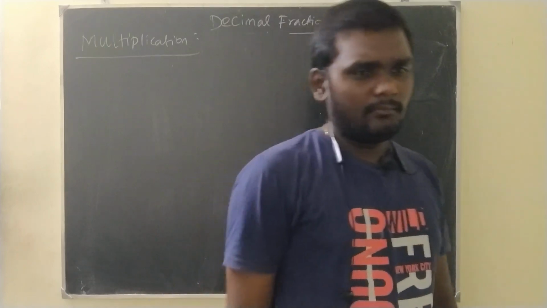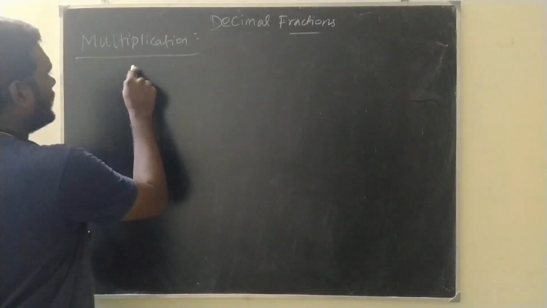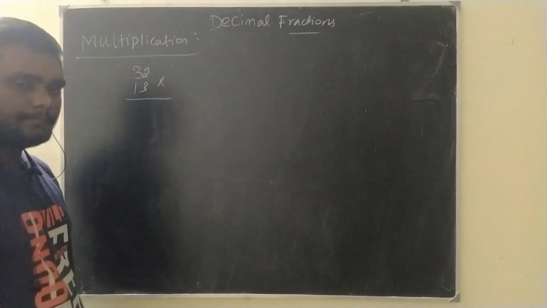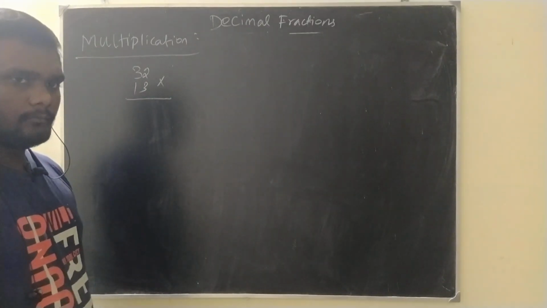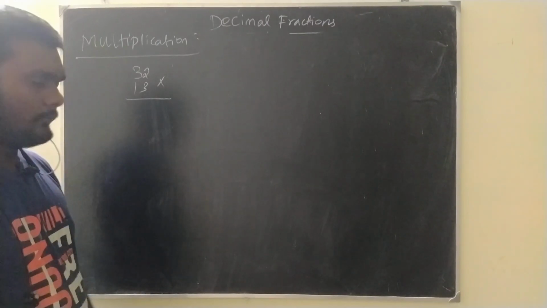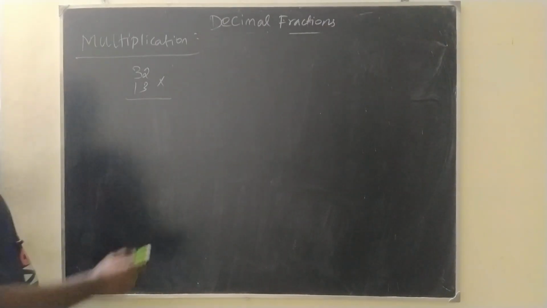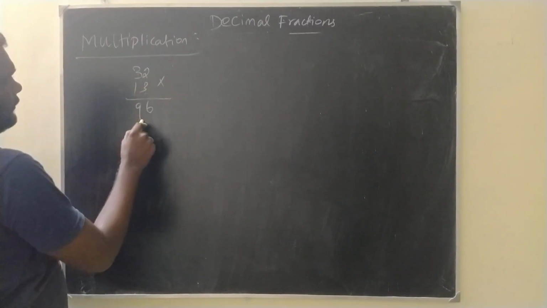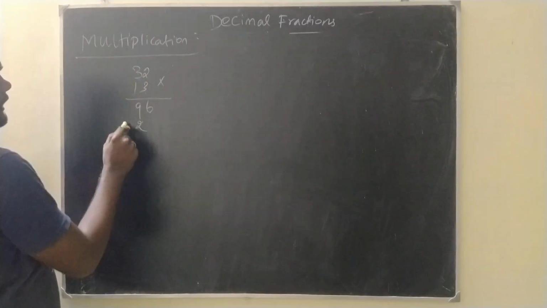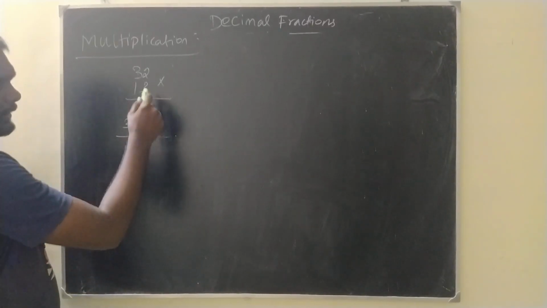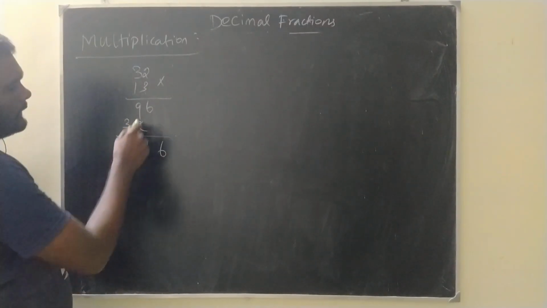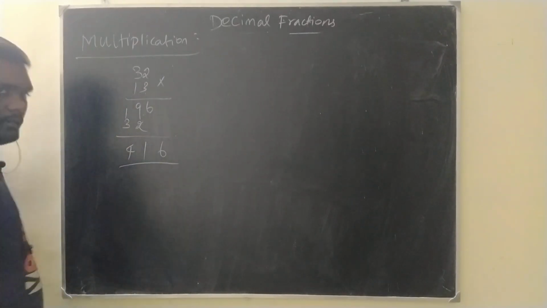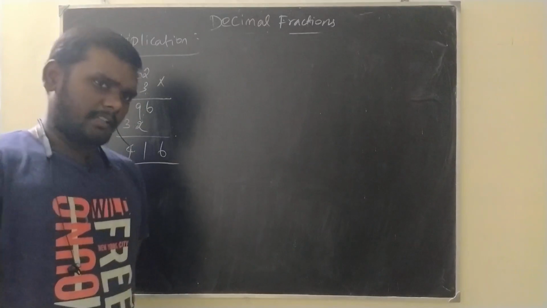Using the table. Example, I said 32 into 13. How will you multiply? 3 times 2 it is 6, then 3 times 3 it is 9, 1 times 2 it is 2, 1 times 3 this 3. Then we have to add these two. 6, 9 plus 2, 11, 1, 4 and 6. Right? Usually we will do multiplication like this.